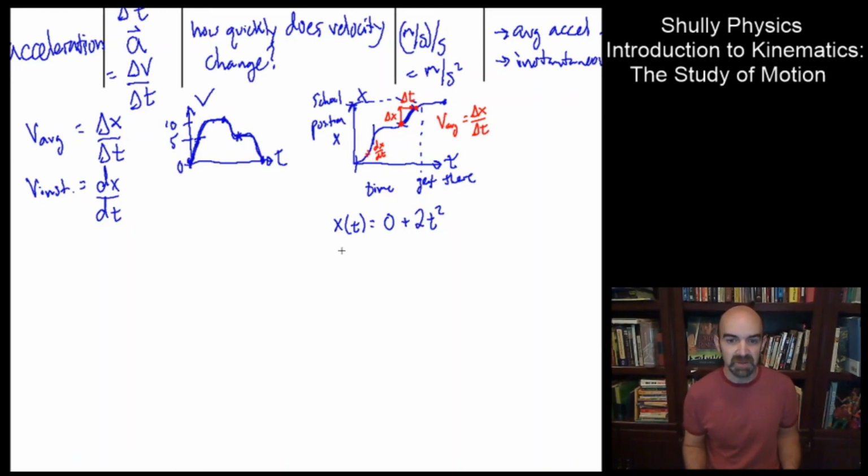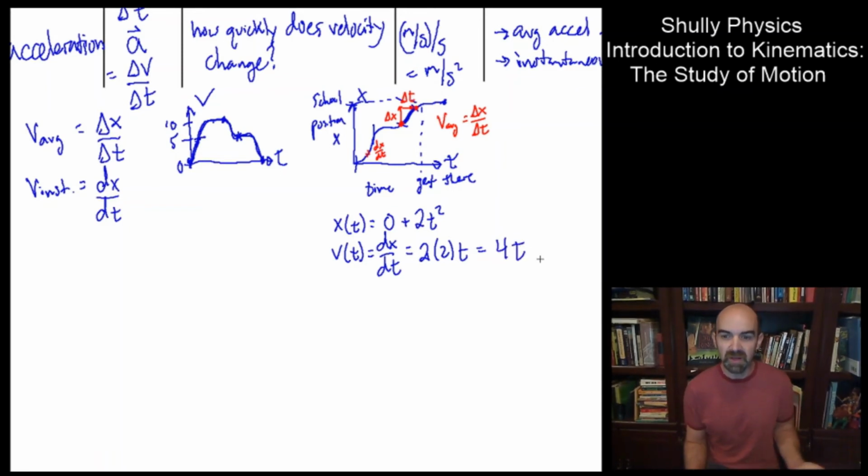So that means the velocity function would have to be dx dt, the time derivative of that. The 2 stays up front as our coefficient, and the derivative of t squared is 2t. So 2 times 2t would be 4t.